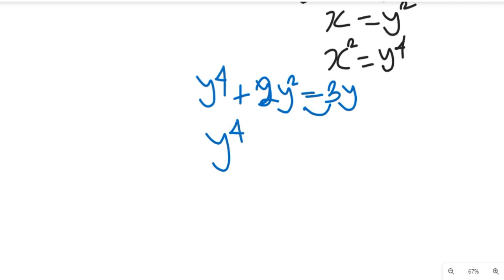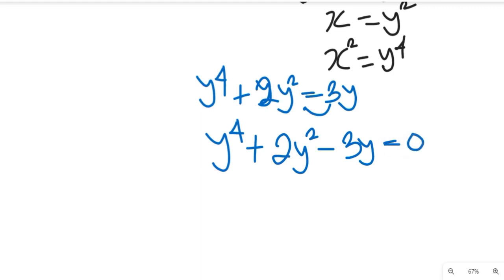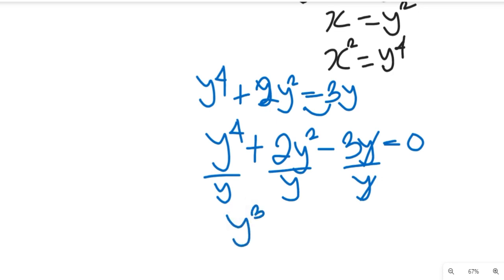That will give us y to the power of 4 plus 2y squared minus 3y equal to 0. y is common to the whole expression, so we divide through by y. We then have y cubed plus 2y minus 3 equal to 0.